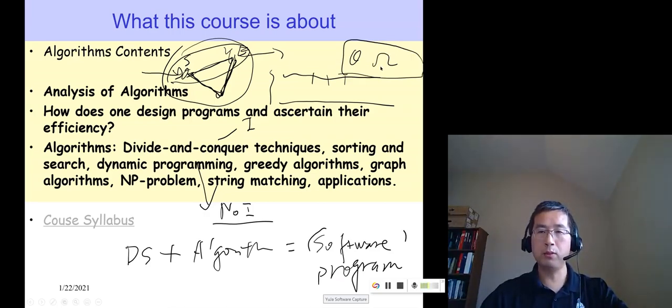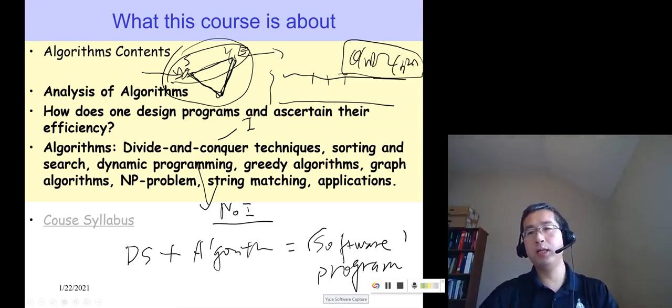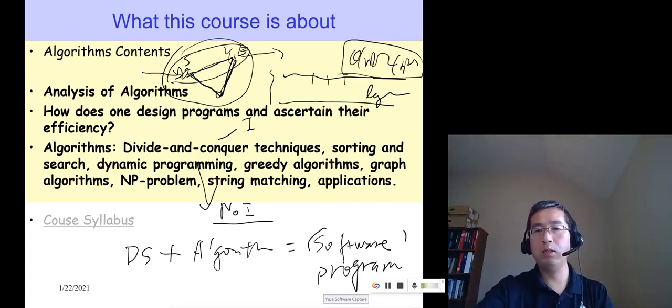Is it linear, or quadratic, n square, or cubic, or log n, or n log n? For example, merge sort has n log n complexity. This is just to help us evaluate our algorithm. This is in chapter 2 of the book.